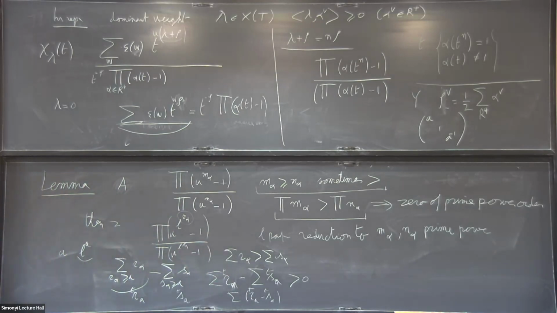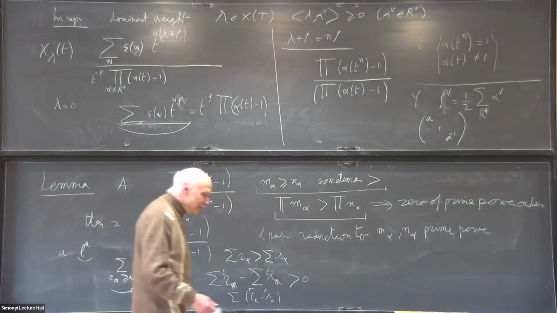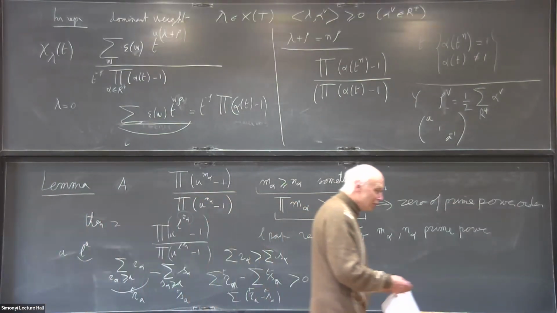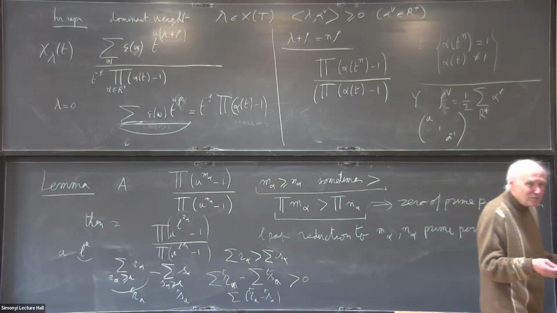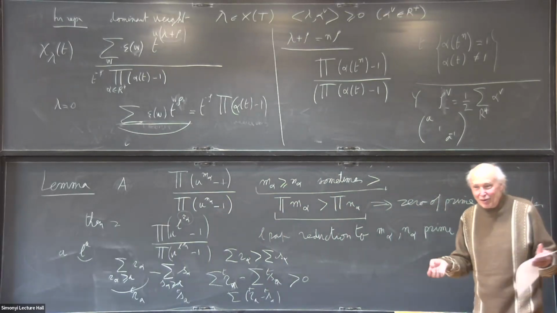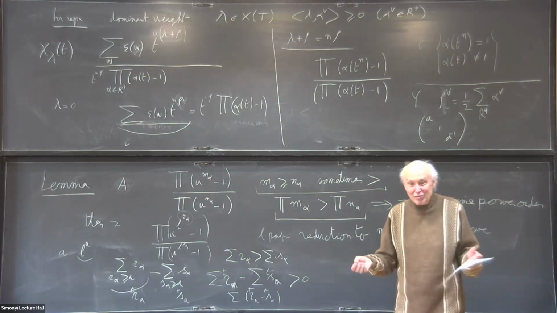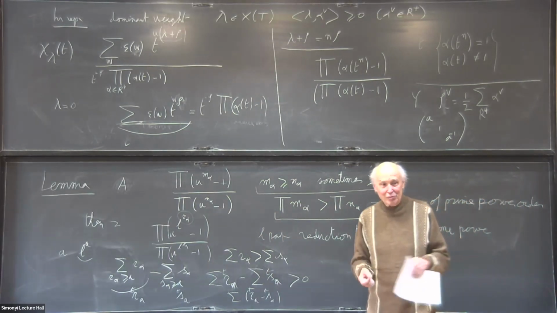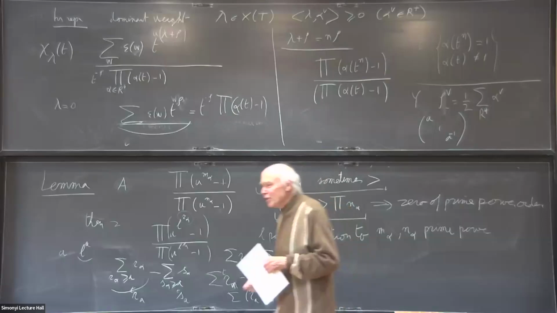Now I want to make a number of comments. When one is very naive, as I was at the beginning, one looks at the character and sees no reason why it would vanish at some finite order element, because in general a function has no reason to vanish at those very special points.